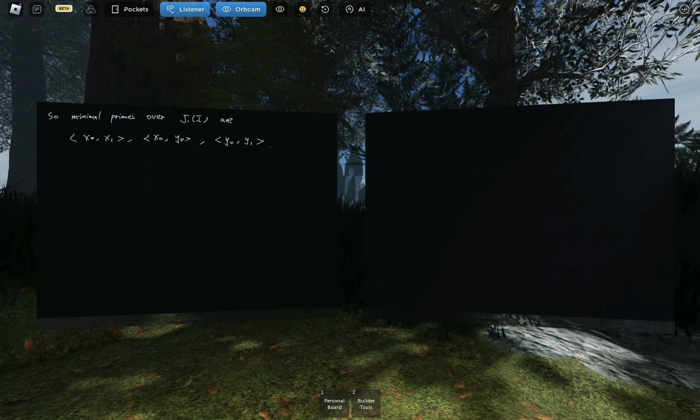So these are all irreducible components. Then we notice that in this case, the irreducible components are all monomial, with ideal given by this. And this is not just for this case. Actually, this example can be generalized to all monomial ideals.